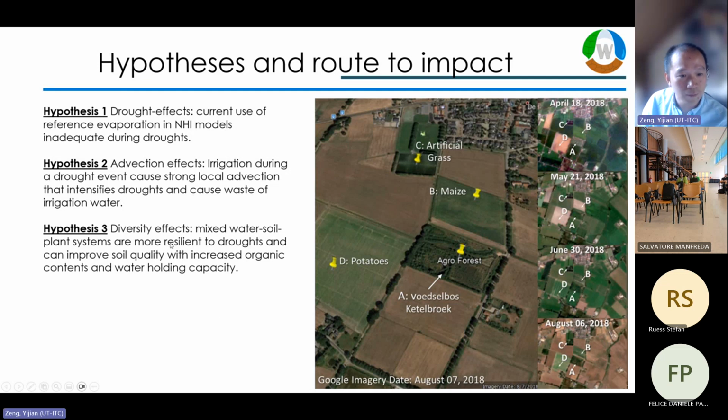There are also diversity effects. If you look at the right figure here, there's a forest. This is a so-called agroforest, also called a food forest. Within this forest they have different species: high trees, and lower berry trees and things like that. The benefit of such biodiversity is a quite diverse rooting system.